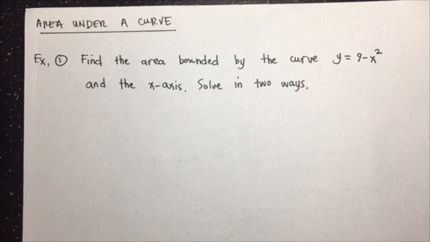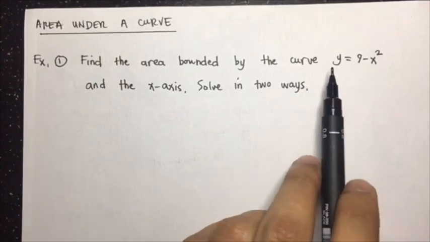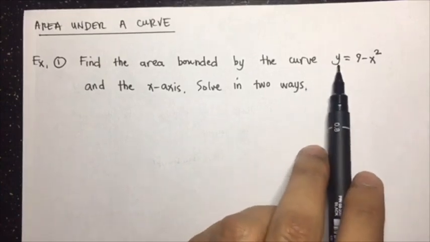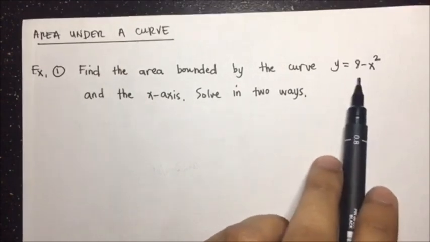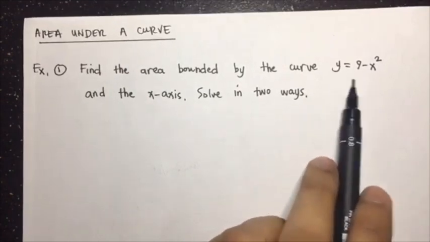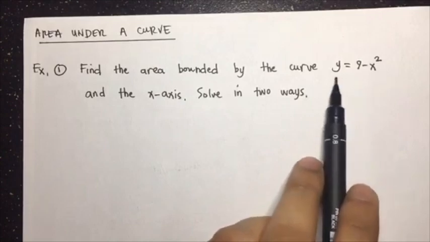Here we have the curve y is equal to 9 minus x squared. Upon looking at this, you should already recognize that this is a parabola.